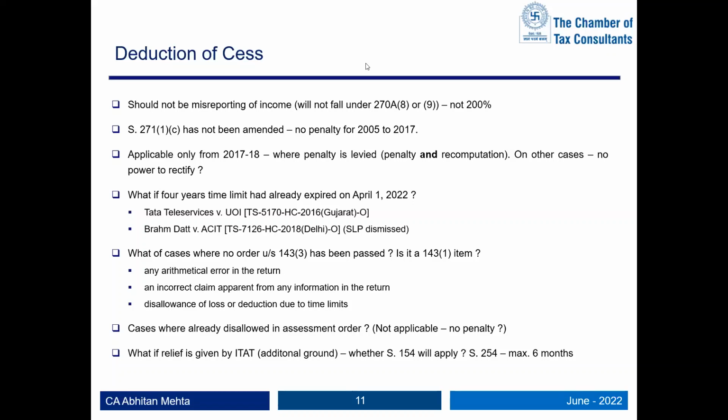Okay, I understood. But will it not then form an incorrect claim apparent from an information written? Absolutely, so that's the point. Is there information in your ITR where education cess is shown separately? To my mind, not there.